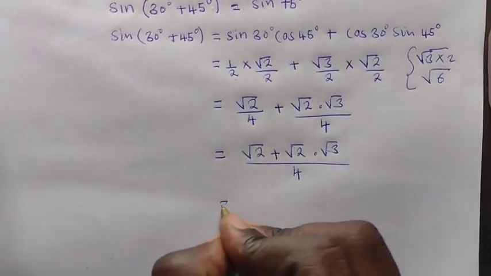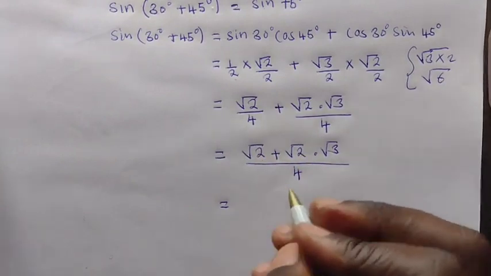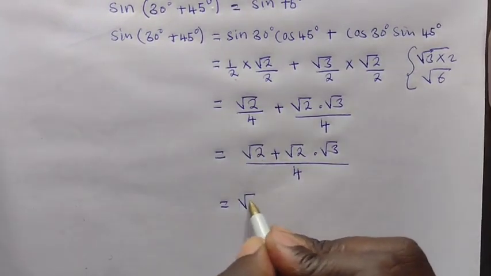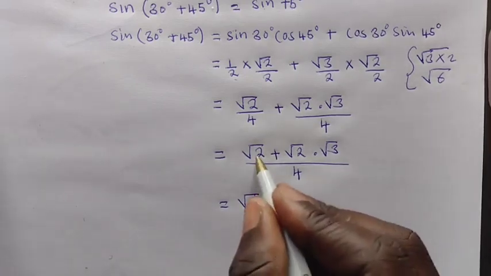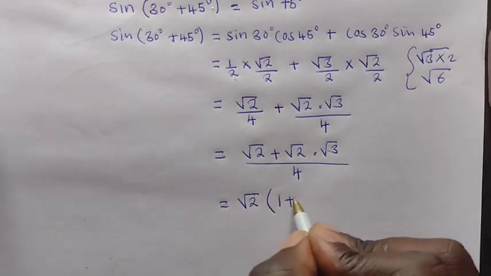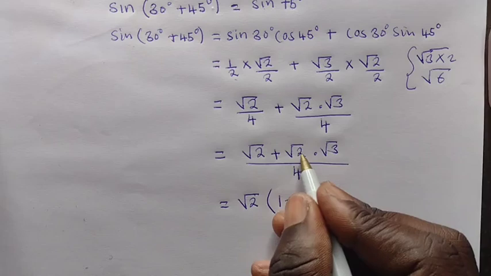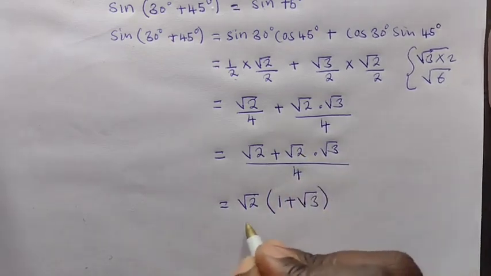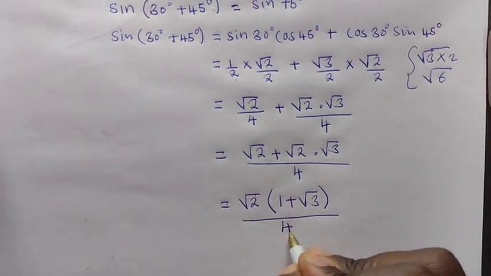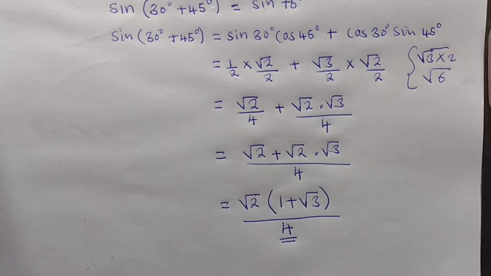We can observe that root of 2 is common, so we can factorize the square root of 2 outside: open bracket, root of 2 into root of 2 is 1, plus root of 2 into root of 2 is 1, 1 times root of 3 gives root of 3, close bracket, over 4. So this is our answer. You can leave your answer at that stage.